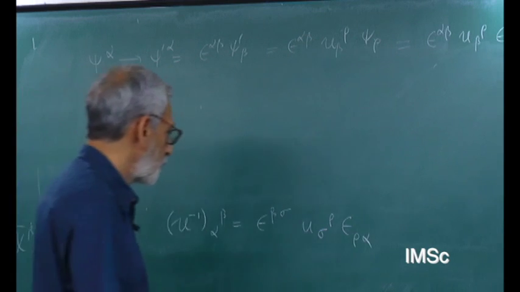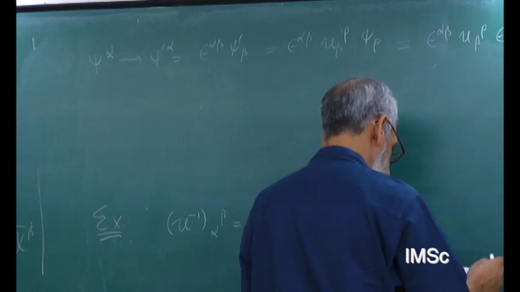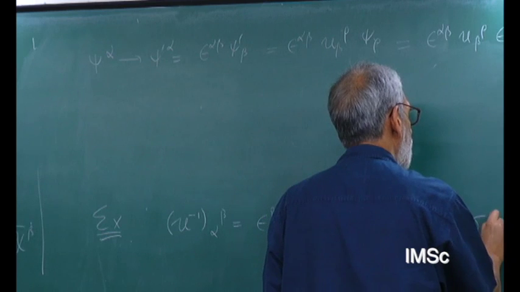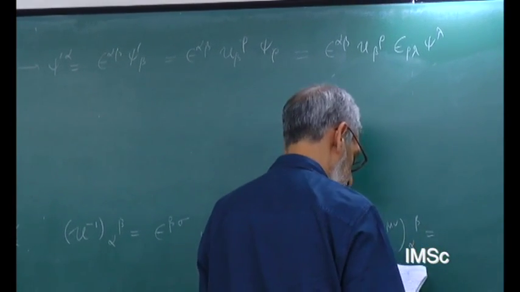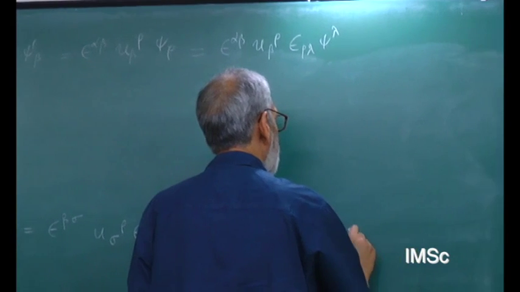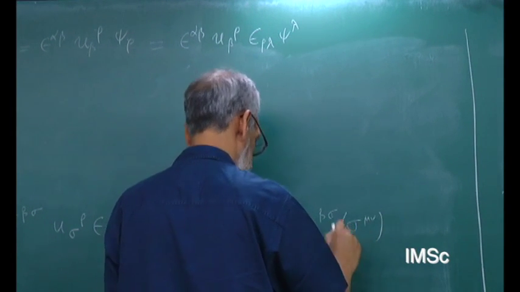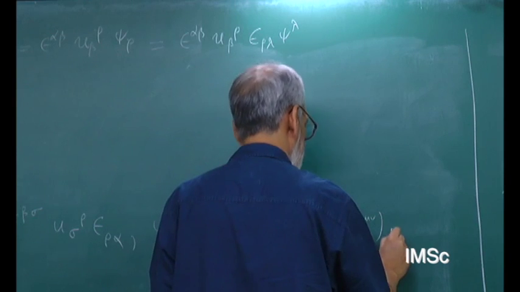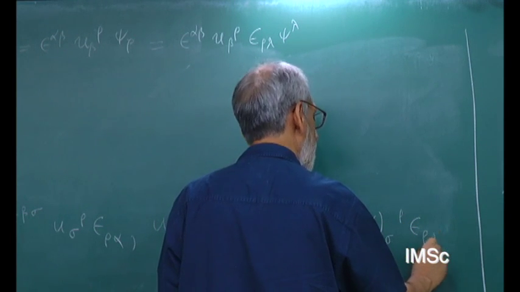You will be able to show this quickly if you use another identity, which is that sigma mu nu alpha beta can be written as minus epsilon beta sigma sigma mu nu sigma rho epsilon rho alpha.